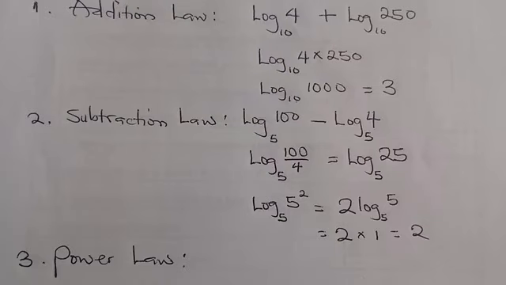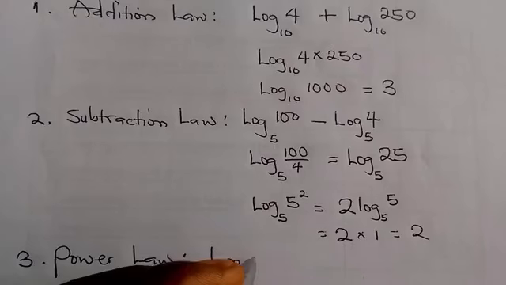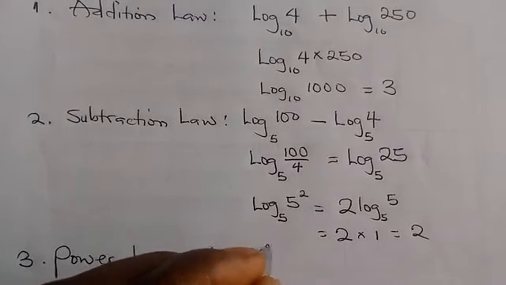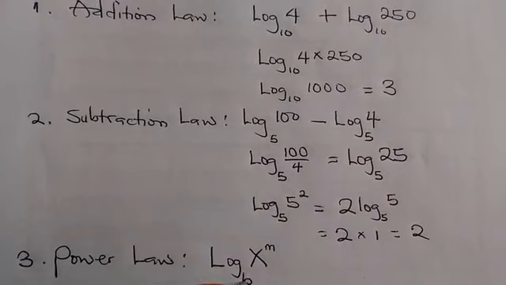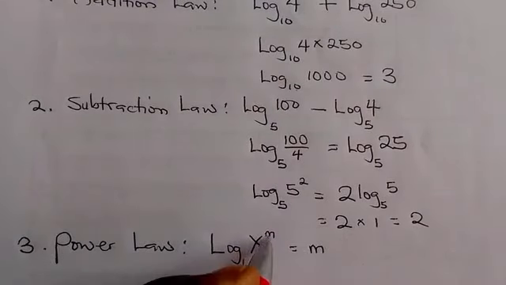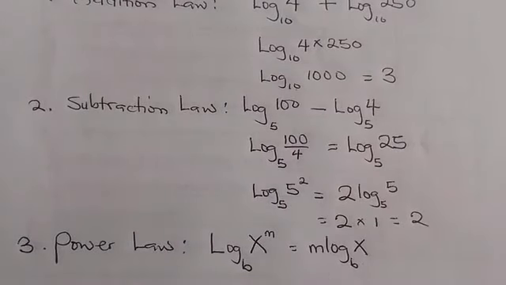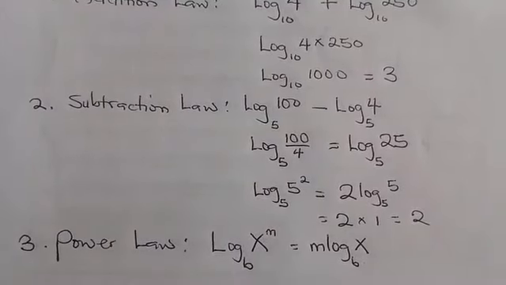Example, if we have log x to the power of m in base b, this is the same as saying m, which is a power here, multiplying the log itself. The log here is log x to the base of b. So what you have here is the same with what you have there. Anytime you have a log of a number raised to a certain power, use that power and multiply the log itself, and the result is the same.